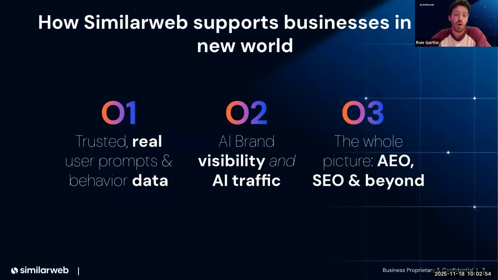And lastly, we help you to see the whole picture, which is a key point. By combining GEO and SEO, market research, competitive intelligence, and benchmarking, Similarweb really ensures you always stay ahead of your competitors, like no other tool in the market. So you never make strategic decisions in isolation.